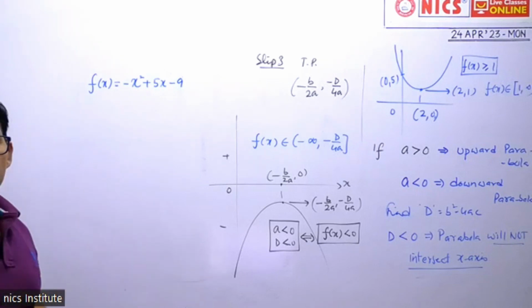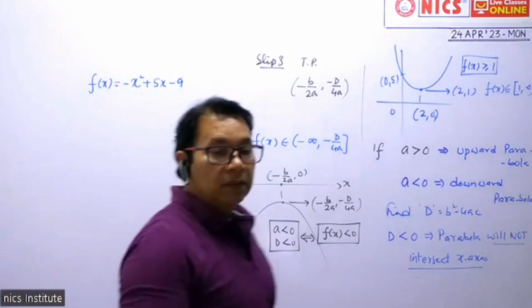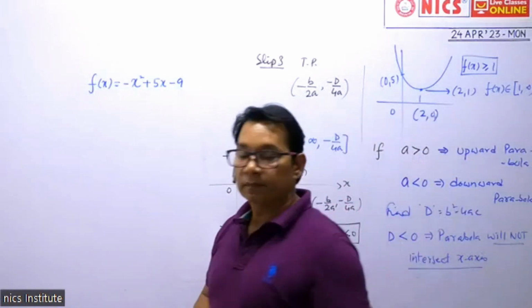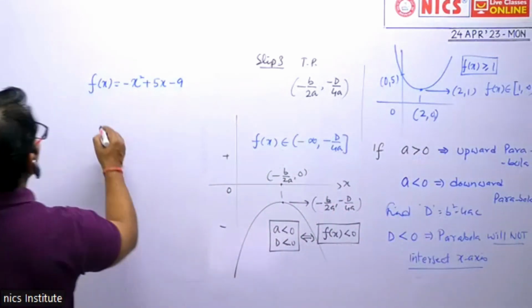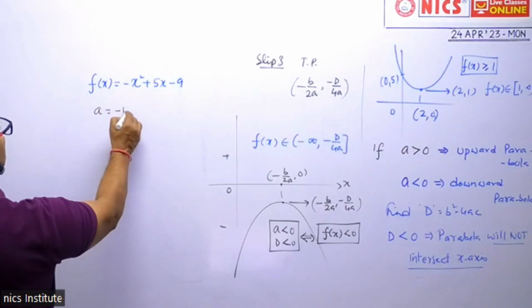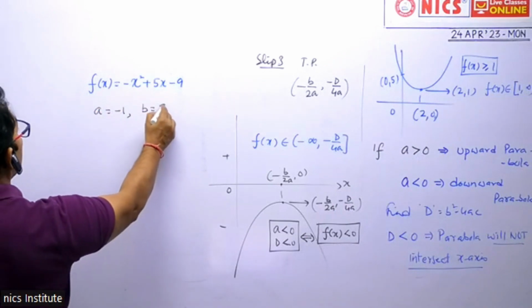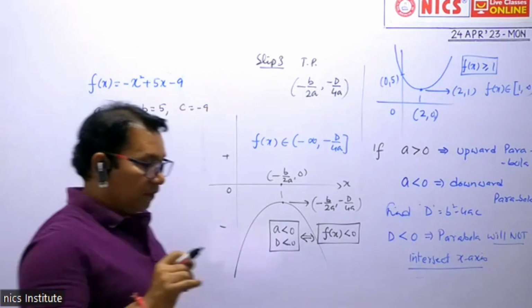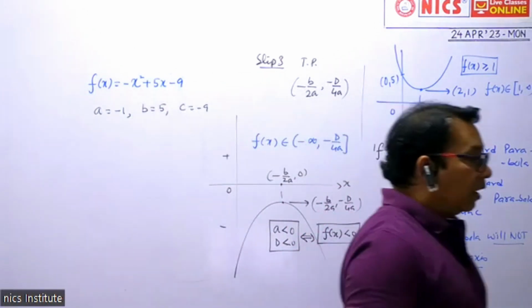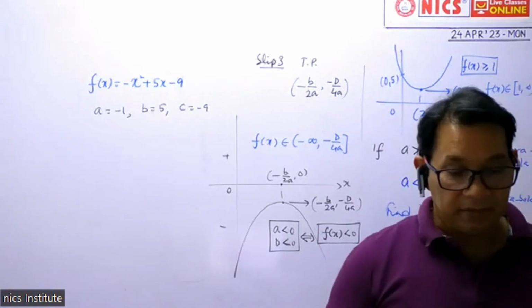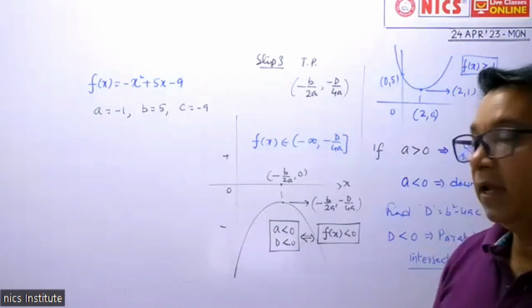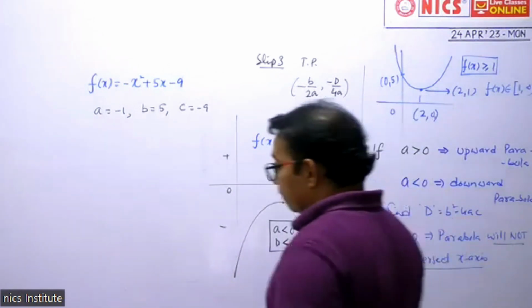Let's plot the graph of this quadratic expression. Minus x squared plus 5x minus 9. a is minus 1, b is 5, c is minus 9. The first step, identify the sign of a. Identify the sign of a, whether it's negative or positive.